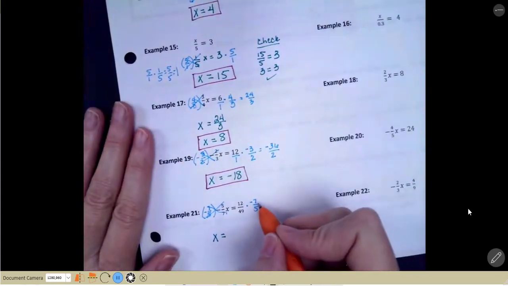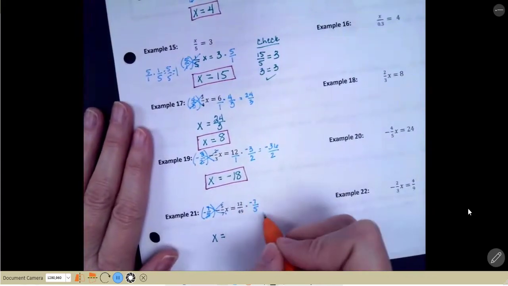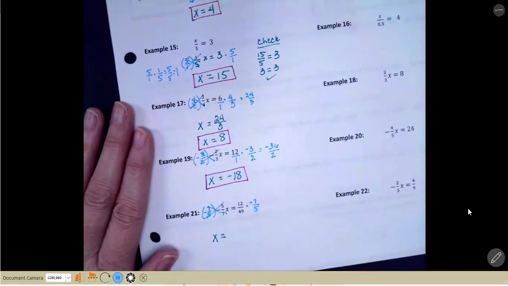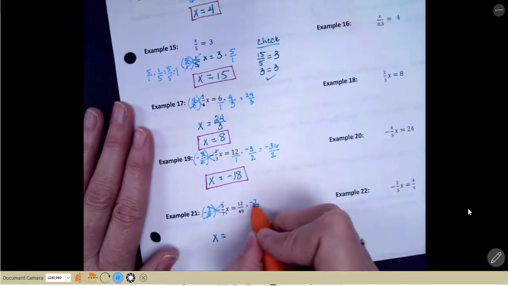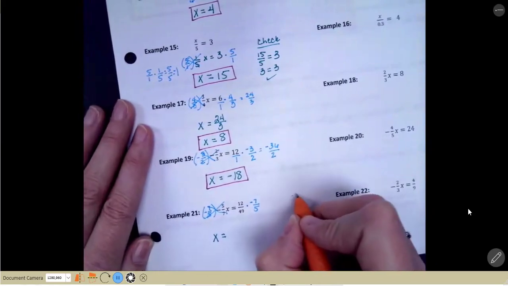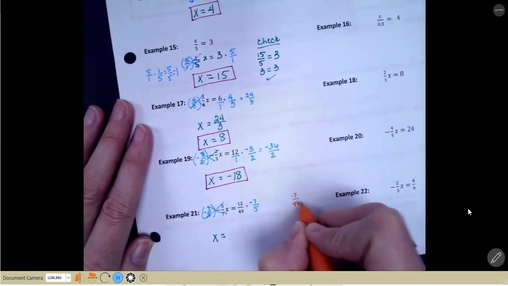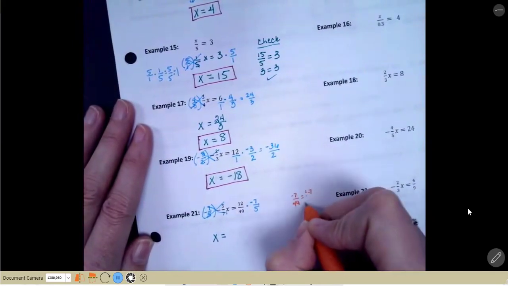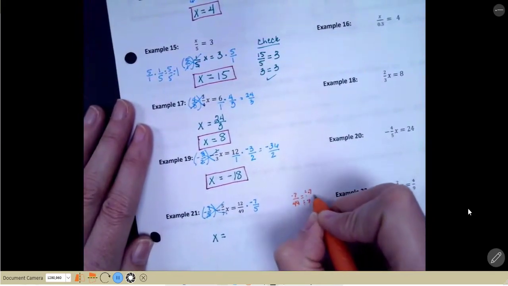Okay, so 12 and 5 cannot be reduced. So the two numbers across from each other cannot be reduced here, but the 7 and the 49 can. So I can reduce these both by 7. It would be like taking negative 7 over 49 and simplifying it. Okay, you would divide them both by a negative 7 or 7, not a negative.